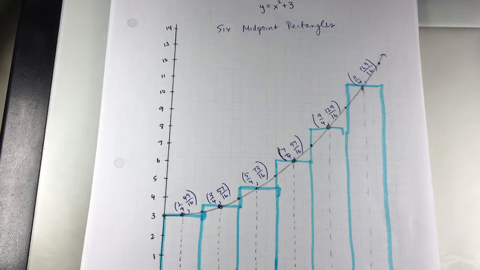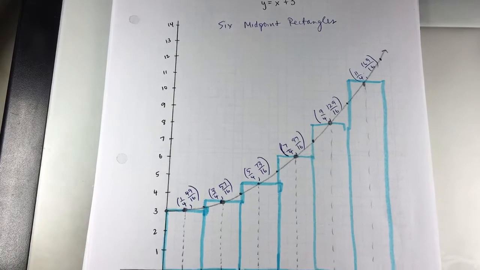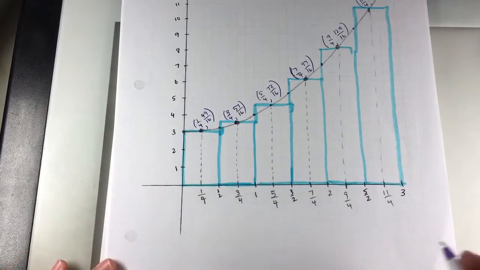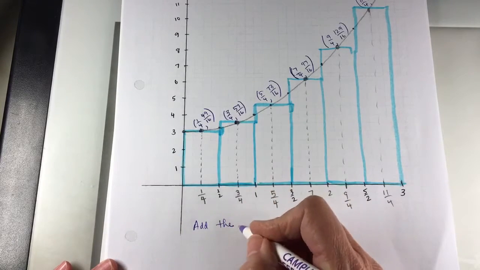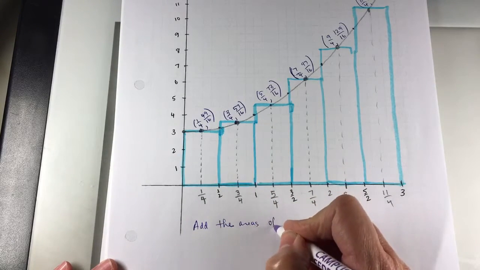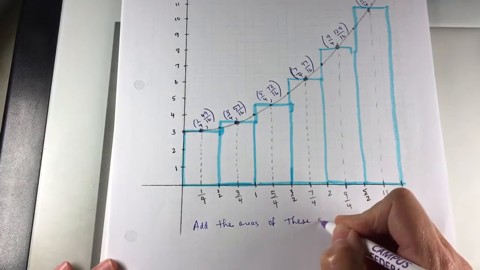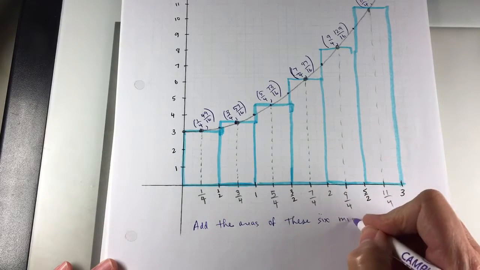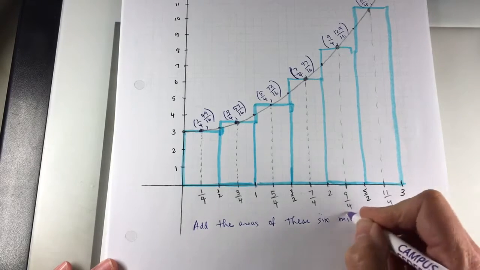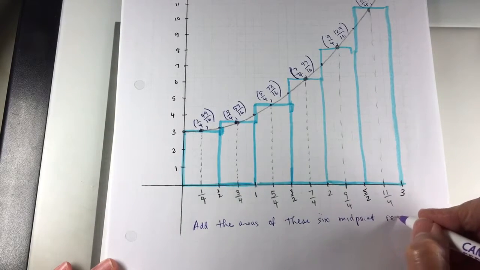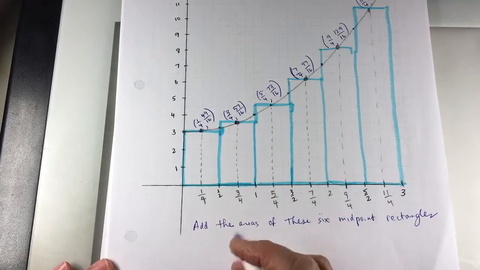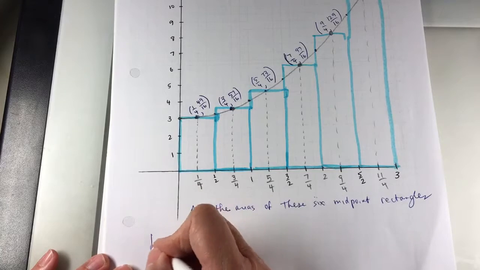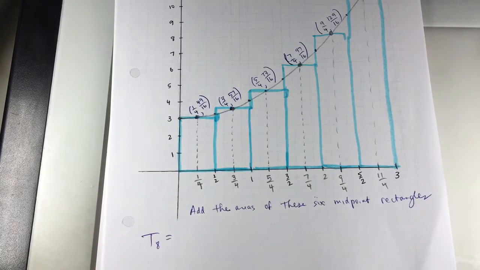For the area of the midpoint rectangles, so let me add the areas of these 6 midpoint rectangles. So I'm going to end up with, here I write T sub 8 equal, T sub 8 is the approximation.